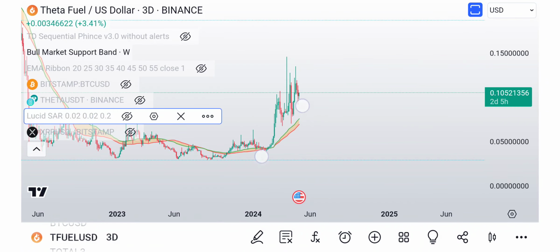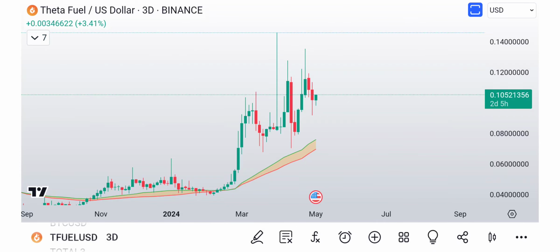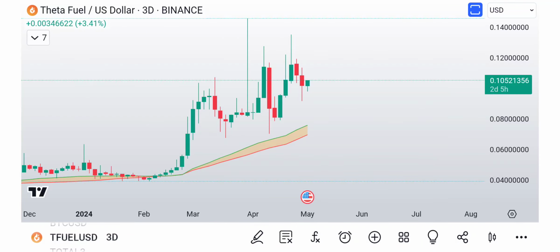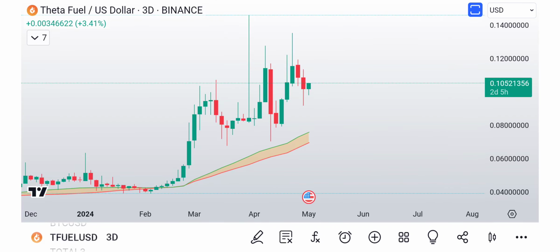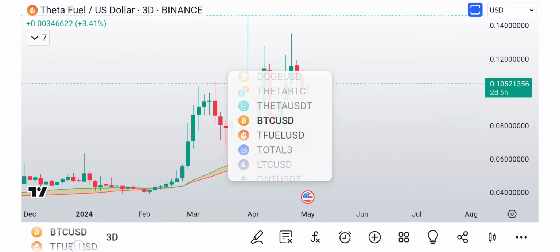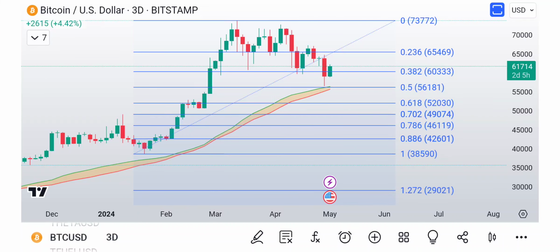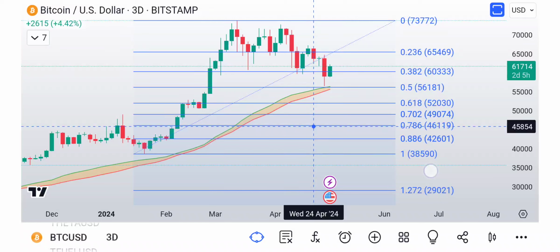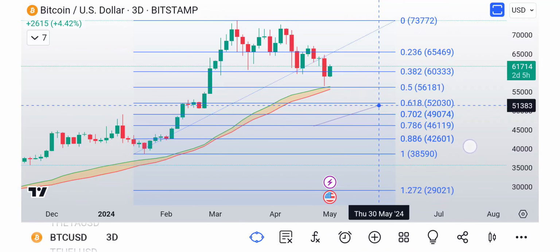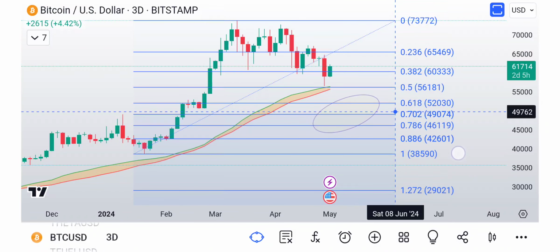So again, what would happen to Theta Fuel if Bitcoin decided to drop down to that area, the 786 area, right? This area right between here and here. So somewhere in that area.